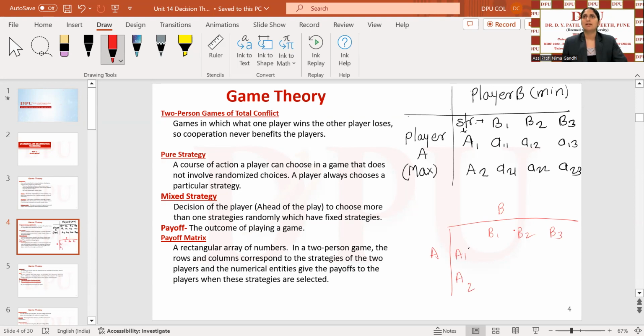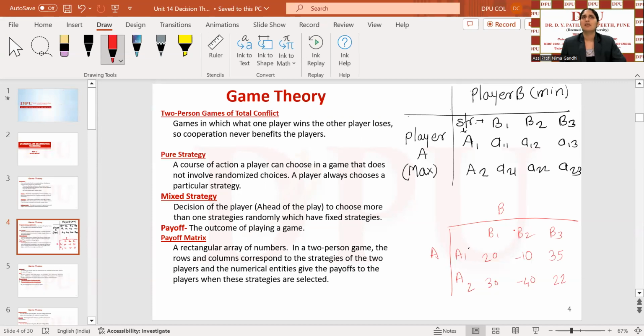They can be the same, they can be different. Let's say the numbers are 20, 30, minus 40, minus 10, 35, 22. So these are the payoffs.